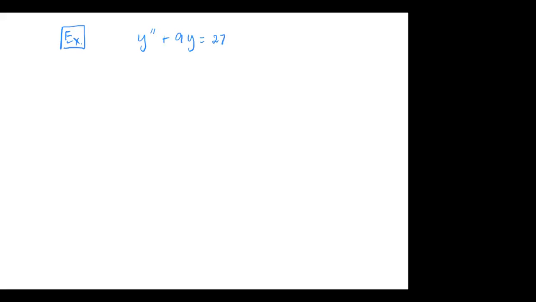This is non-homogeneous because the right hand side is not 0. But the problem just asks you to verify whether yp equals 3 is a solution or not. Well, it's very, very easy, right? Because this is a constant term, yp prime and yp double prime are 0. The 0 here plus 9 times 3 equals 27, checked.